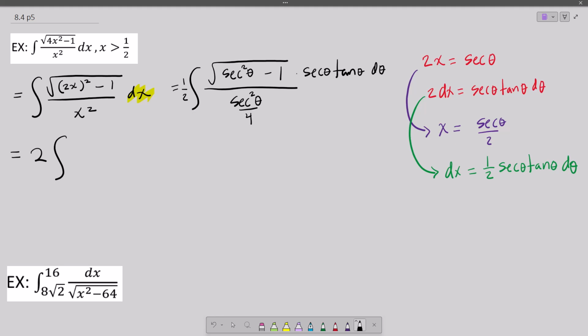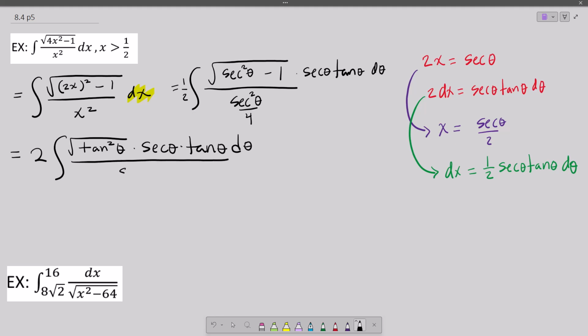Secant squared minus 1. We look at our triangle. Secant squared minus 1 is tangent squared. And the square root of tangent squared is tangent. But let's not jump the gun. So we have this, and then we have secant, then we have tangent, and then we have d theta.